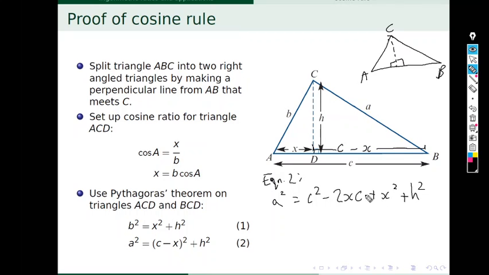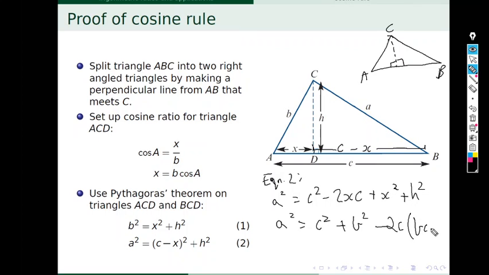Now when I look at this, x squared plus h squared, in my first equation, is just b squared, isn't it? I can replace that. So I've got a squared equal to c squared, then I'm going to take this bit, put it here, plus b squared. With this last bit, the 2 times xc, we write it as 2 times c and replace the x with what x is up here, b cos A.